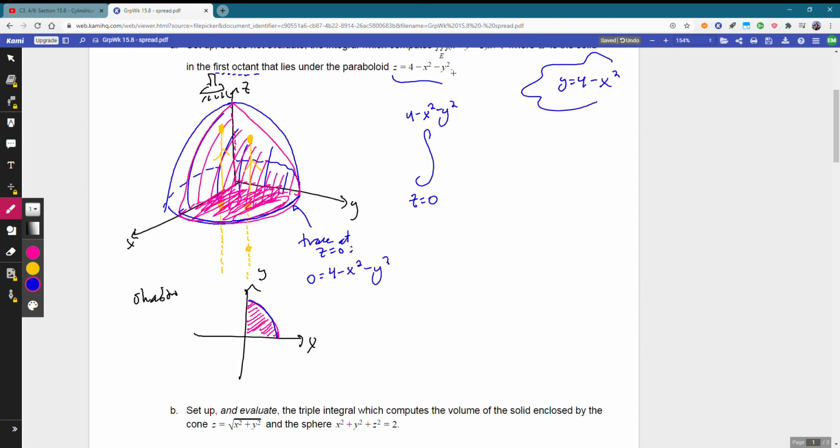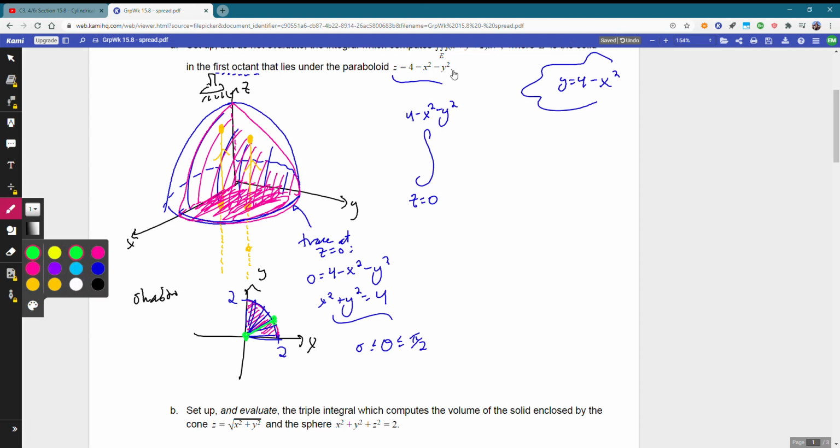And if we add the x squared y squared over, we see that this is a circle of radius 2. And so this has a nice clean description in terms of polar. The angles we're using are from 0 up to pi over 2. And for each one of those angles, like this one, we want to start all the way at the origin, so r equals 0, and then move out to r equals 2.